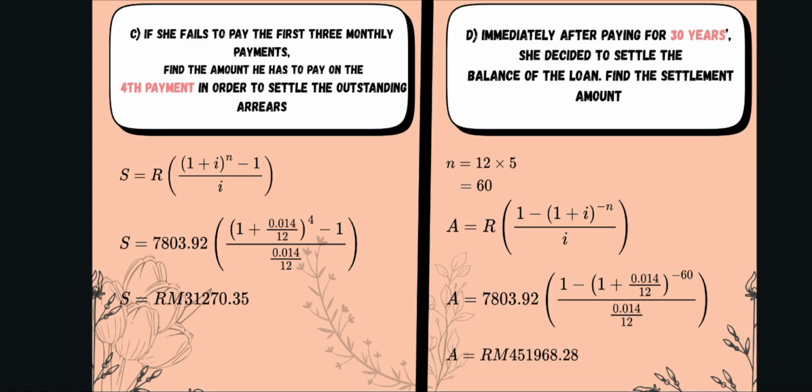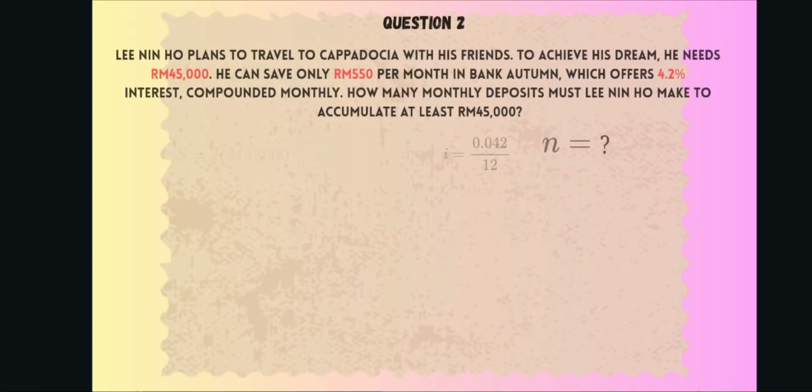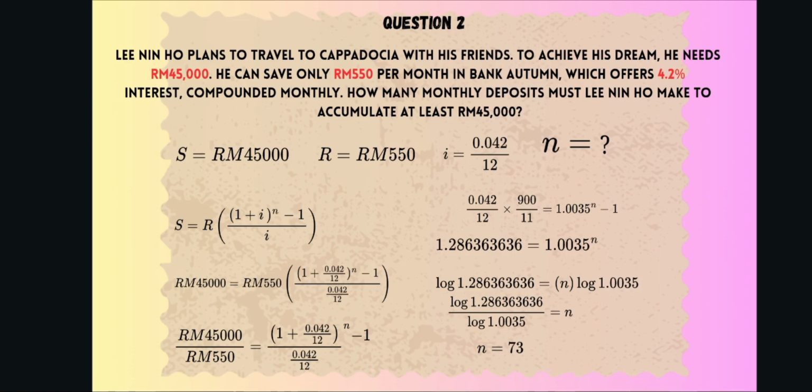A equals 7,803.92[1 − (1 + 0.014/12)^−60] divided by 0.014/12. So we find that the settlement amount is RM451,968.28.